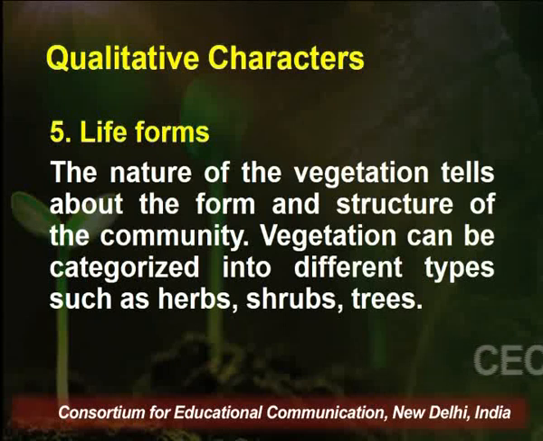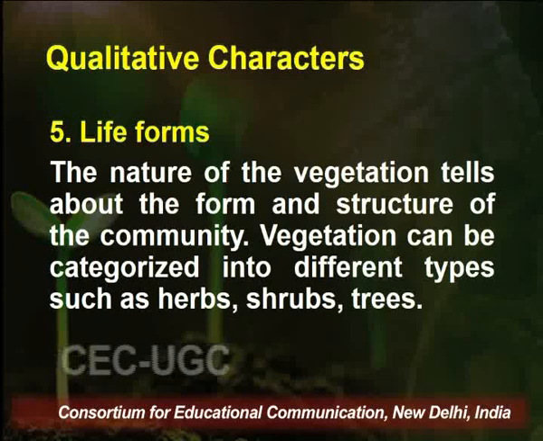Now, moving on to the life forms. We know that the nature of vegetation tells about the form and structure of a community. Vegetation can be characterized into different types such as herbs, shrubs and trees. Further characterization is done on the basis of height such as tall or short, texture such as herbaceous or woody, nature of occurrence such as evergreen or deciduous.